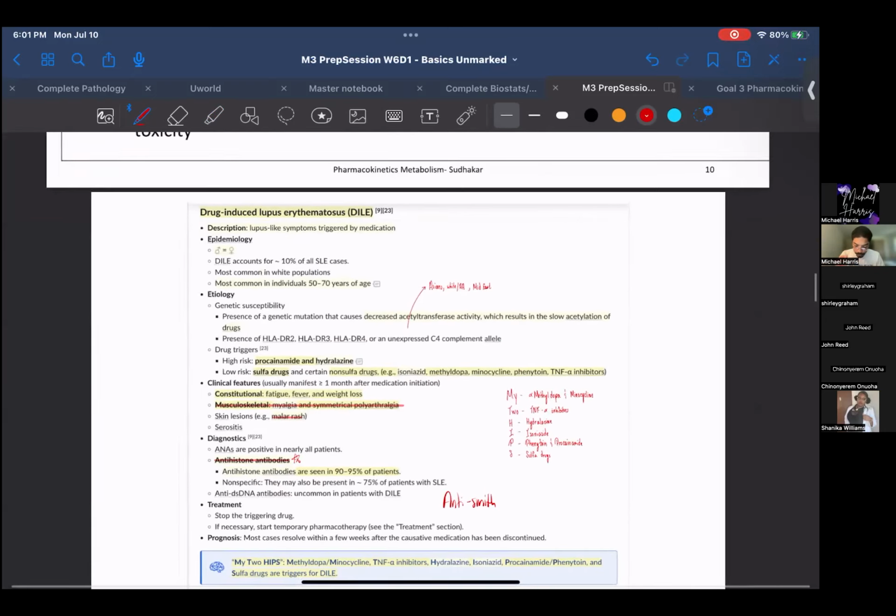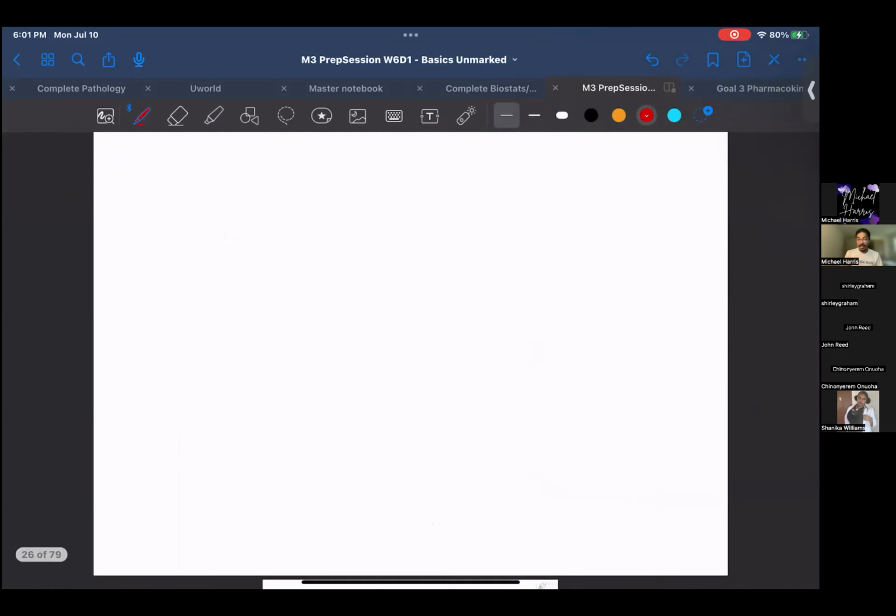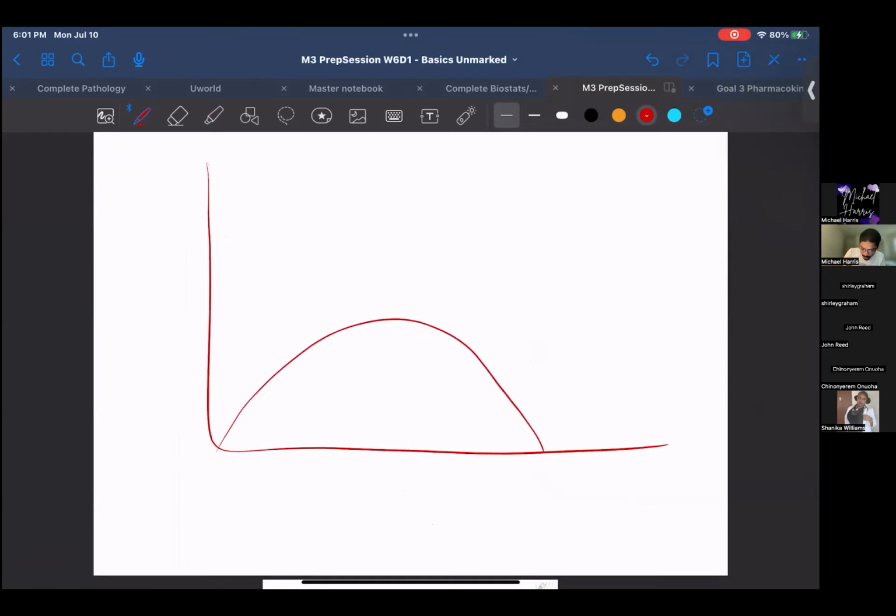Now, another way they can throw a question at you like this is to show you a graph, and the graph will look like this. Okay? And they're going to say something along the lines of drug concentration and efficacy.